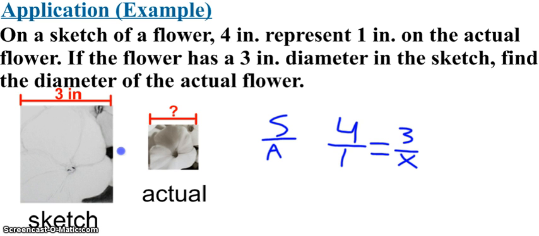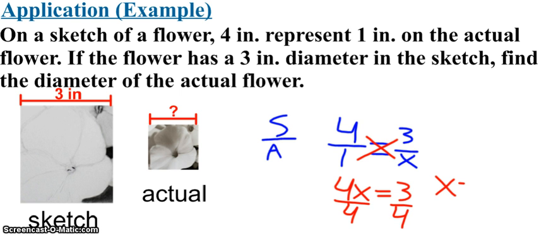And as we did in the other chapter, we're going to go ahead and cross multiply. 4 times x is 4x, and that's going to equal 1 times 3, which is 3. Divide both sides by 4, and our x is going to equal 0.75.